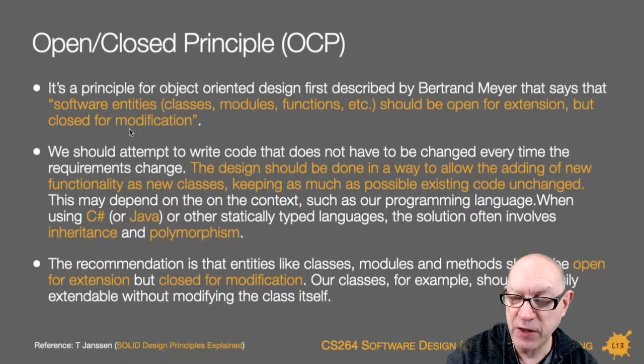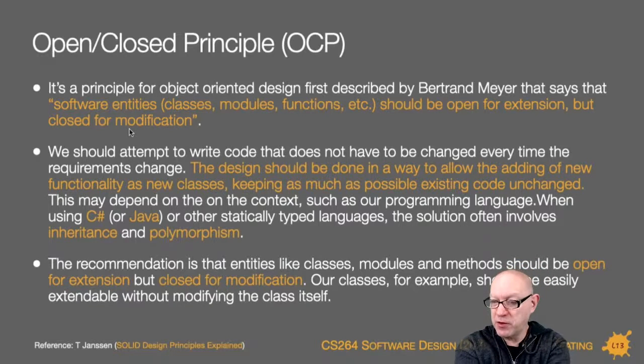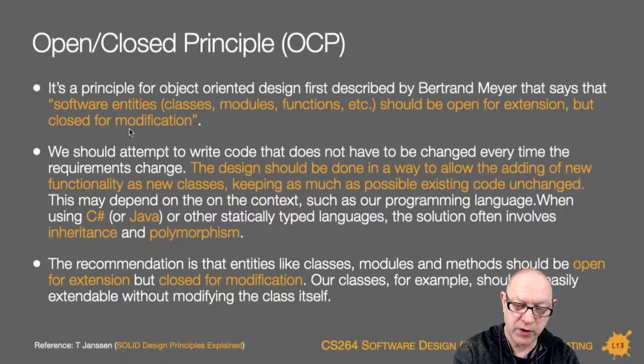So the recommendation is that entities like classes, modules, and methods should be open for extension, but closed for modification. In other words, they should be easily extendable without modifying the class itself. So if you have a class that works all the time, and you're really happy with what it does, and now you want to introduce some extra functionality, what do you do?